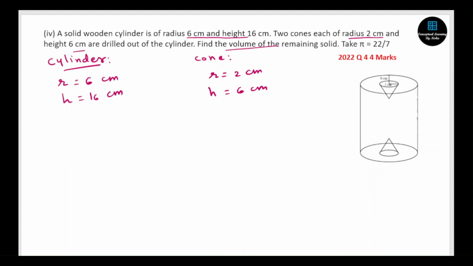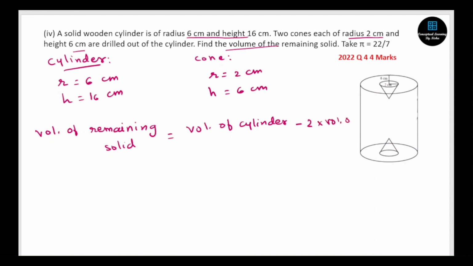So, what I can say, volume of remaining solid is equal to volume of cylinder minus 2 times the volume of cone, because there are 2 cones.